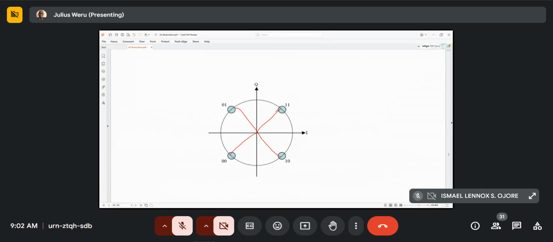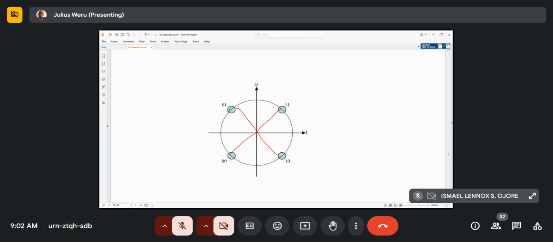One is you always make sure that you use Gray coding, so that you avoid having any adjacent symbol, the one which is closest, result in 2 bits changing.